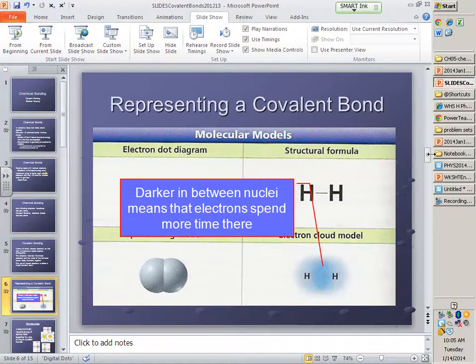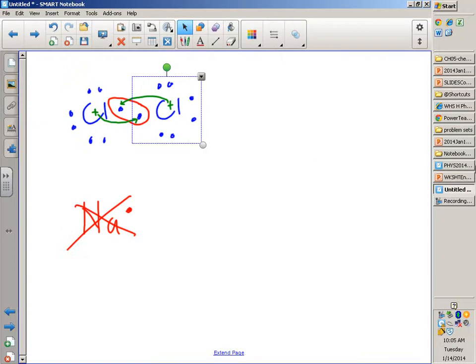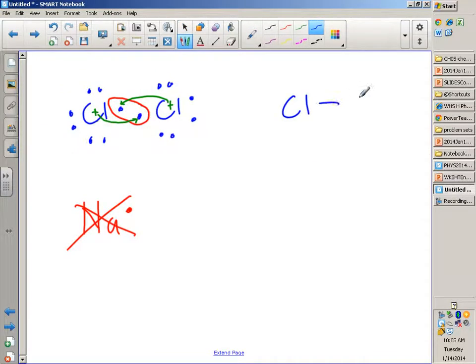So, going back to our picture that we drew here, we could represent Cl, draw a line between them, and Cl like this. And then these electrons around the outside, where that line is representing the pair of shared electrons.